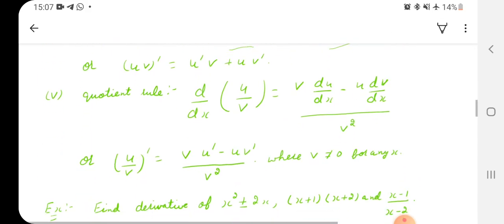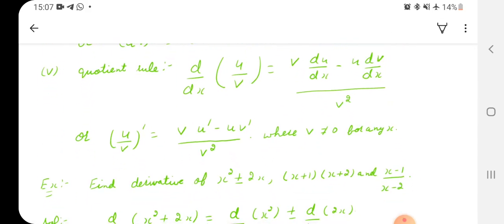Next is the quotient rule. As the name tells, quotient means division of two functions. How the derivative of the division of two functions is taken is depicted in this rule. Now, the derivative of u by v with respect to x. This is a very important rule, so look at it very carefully.